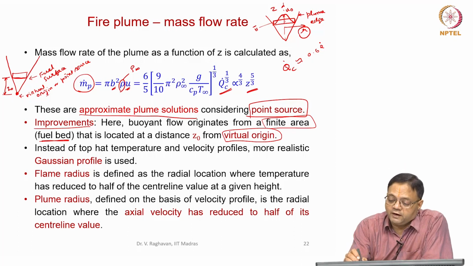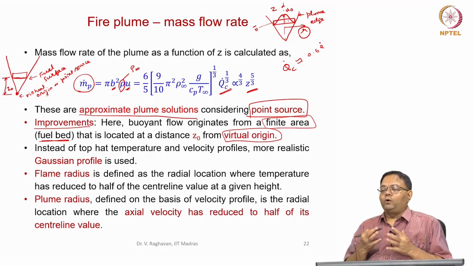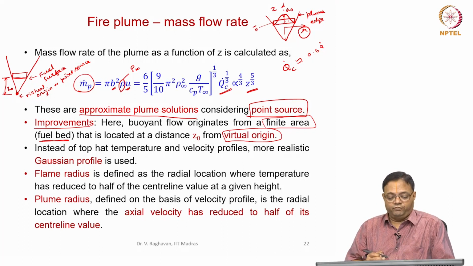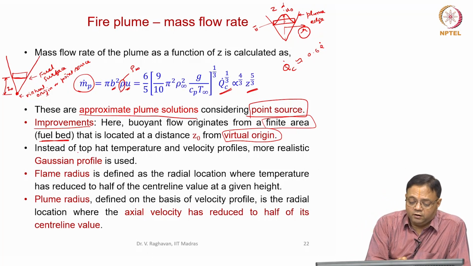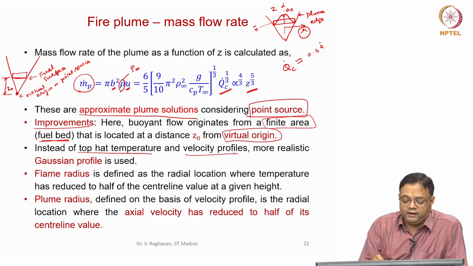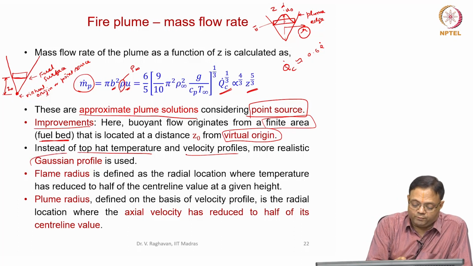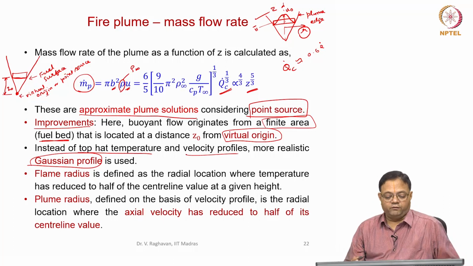But if I consider uniform, then the problem will be reduced to one dimensional for us. So, that is why we went for the uniform profile. But now, we can replace the top hat temperature profile or top hat velocity profile with a more realistic Gaussian profile like this. That is the second thing we can do.